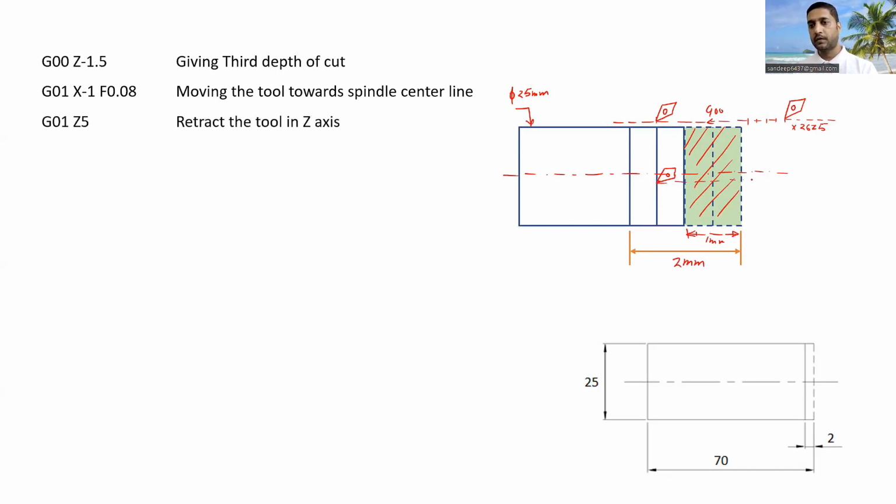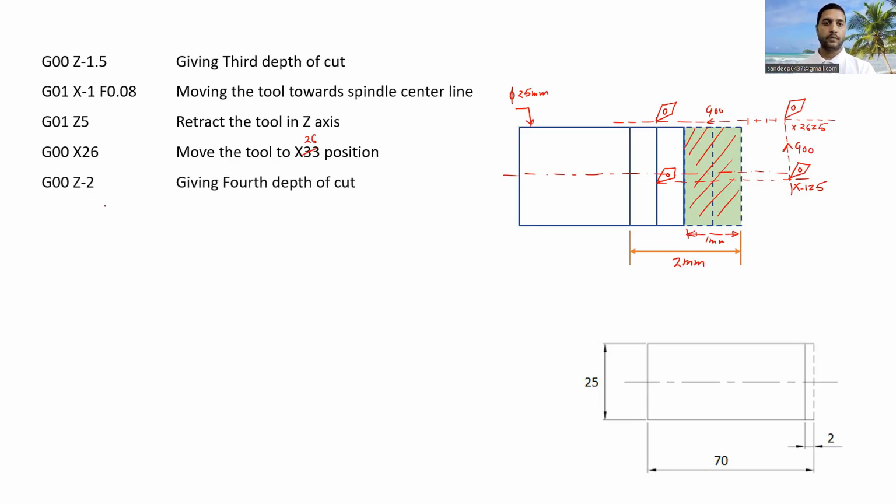So from here, if we extend this line of Z5, this is the location of the cutting tool as per this line of information. Then we are retracting the tool at X26 location, just like previous. Okay, kindly rectify it.